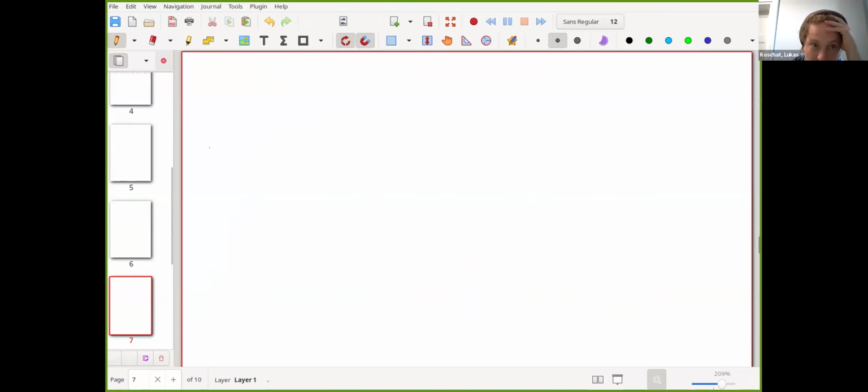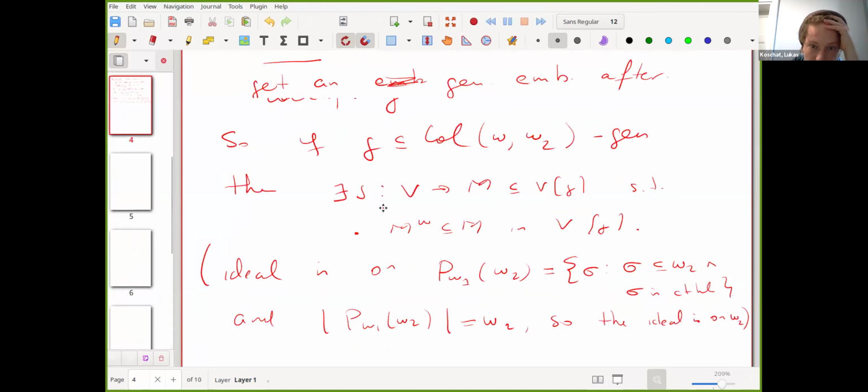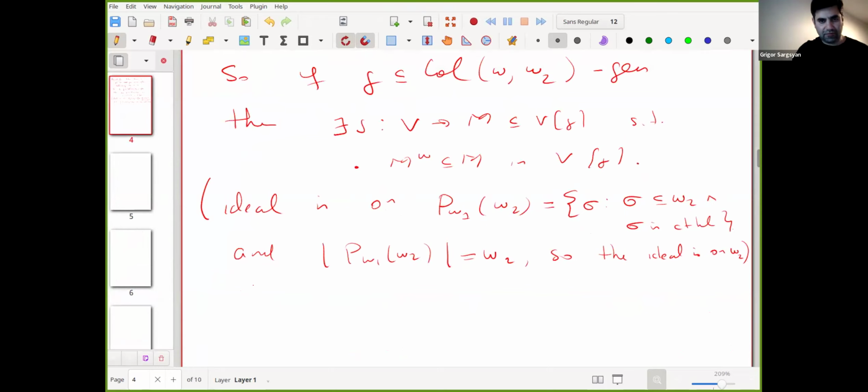The thing at the bottom is replacing CH in this context. So the full thing we will have is this: you have GCH, in fact, because you're forcing over models of determinacy with this.